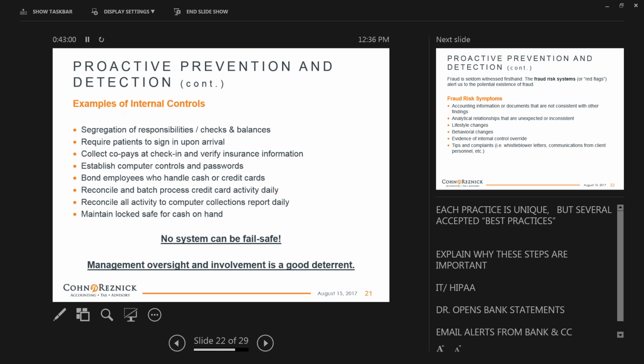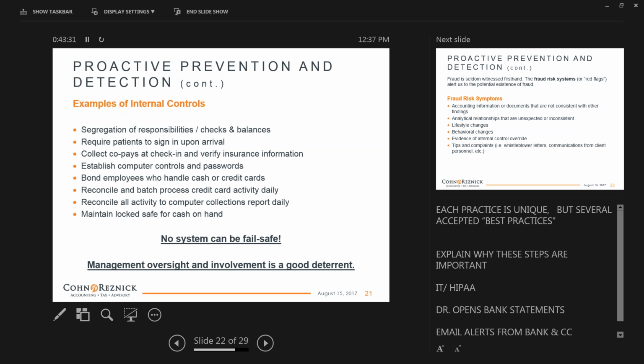The reason they were not matching the deposits per the practice management system to the deposits into the bank and QuickBooks system was that the owners were skimming significant amounts of cash from the practice. Now, there are a lot of things wrong with that, but one of the big things is that they have now created a situation where they've put their staff on notice that it's okay to steal. Let's look at me, I'm the doctor and I'm doing it.